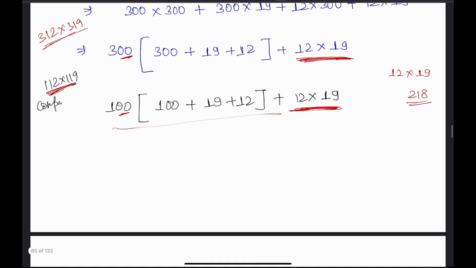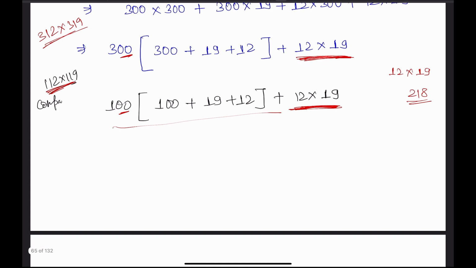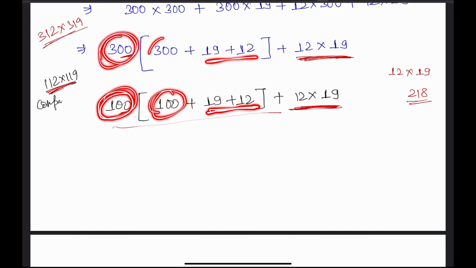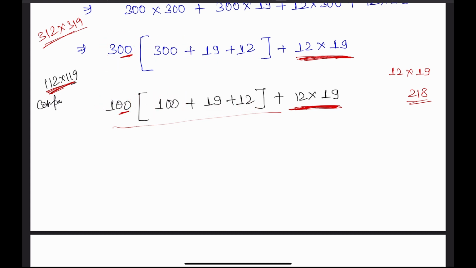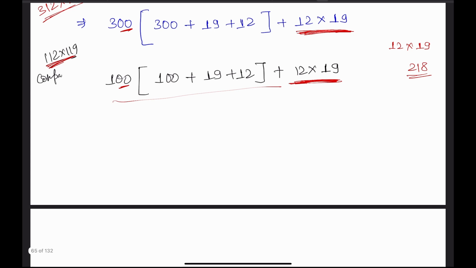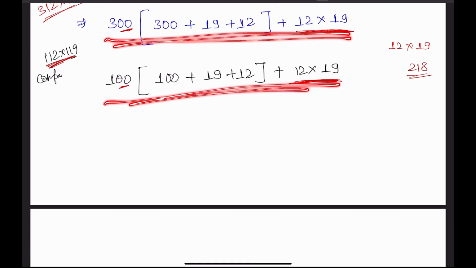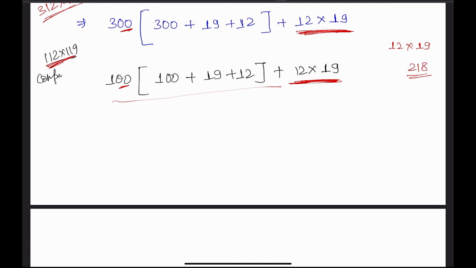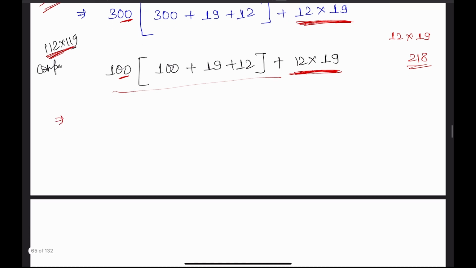But what is the difference now? If I notice nicely, this is also looking the same as this one. The only difference I can see is that this 100 is becoming 300 and this 100 is becoming 300. Let's rewrite in the same format: we can add 300 plus 19, so 319 plus 12, plus 12 into 19.